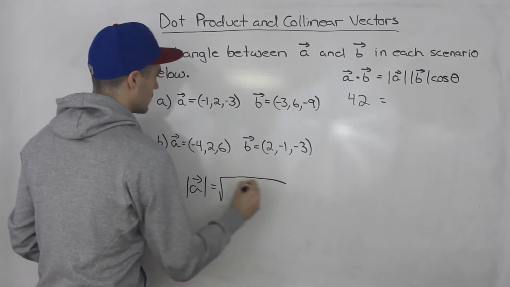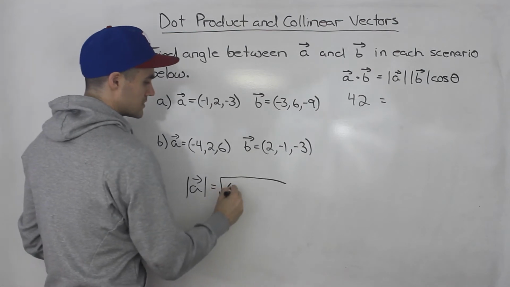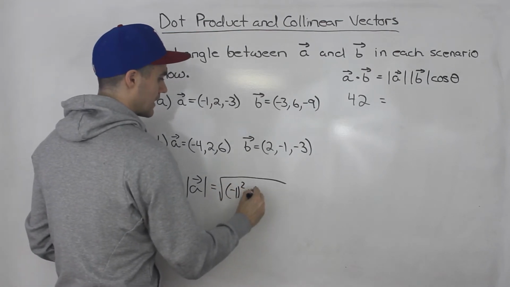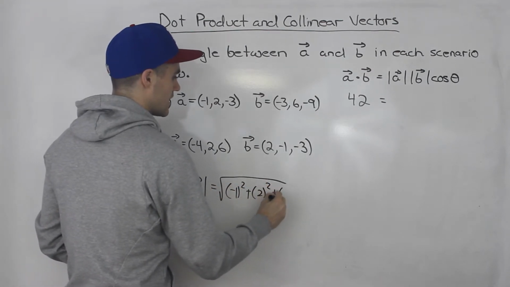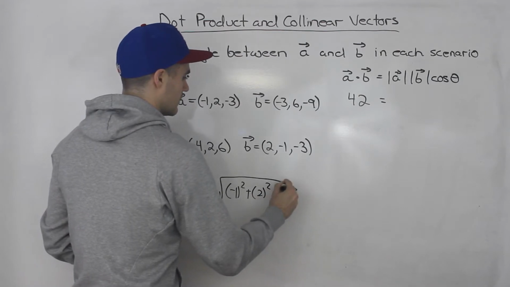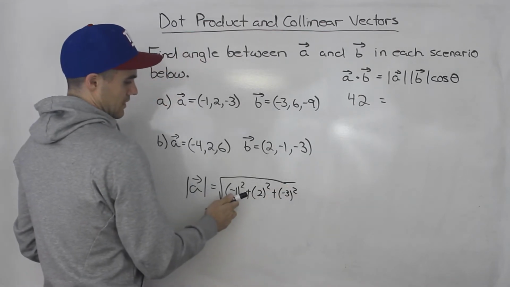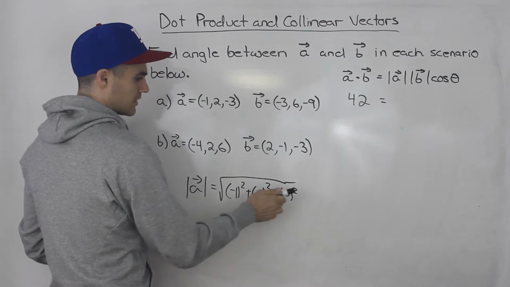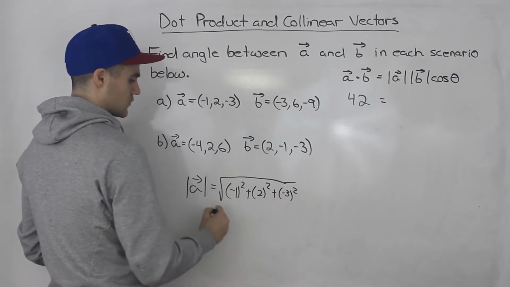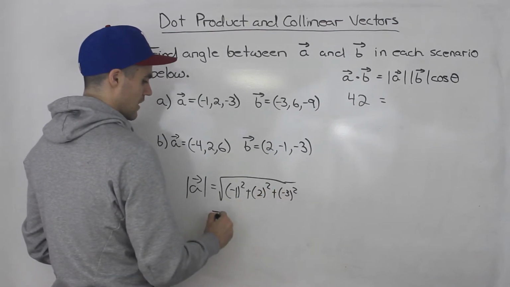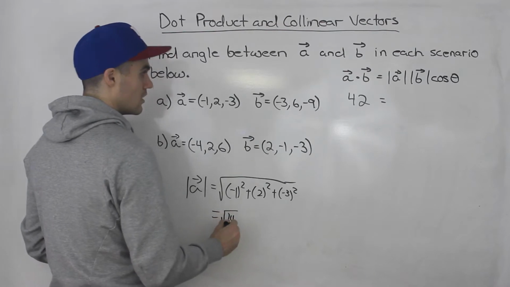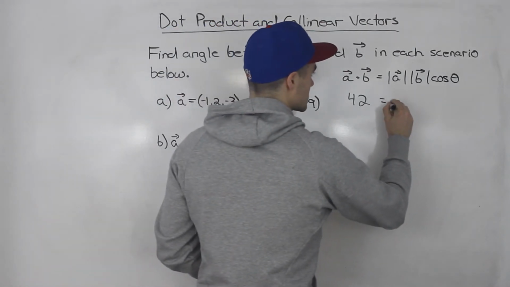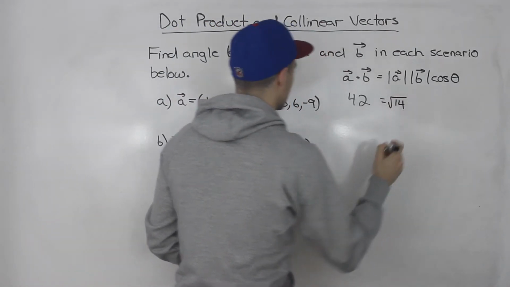It's going to be the square root of what? All of the components squared and added together. So we'd have 1 plus 4 plus 9, which would give us 14. So we know the magnitude of A is the square root of 14.